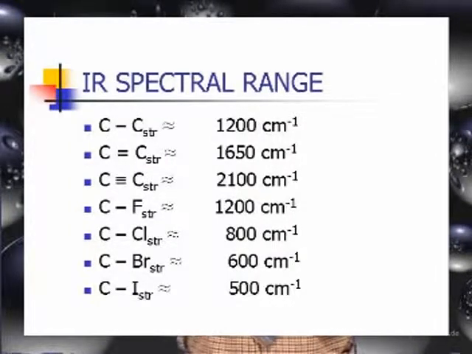The carbon bromine stretching frequency is approximately 600 per centimeter. The last one, carbon iodine, is approximately 500 per centimeter, because every time the size of the atom increases, the internuclear distance increases. Automatically, the length of the bond increases and the force constant decreases.